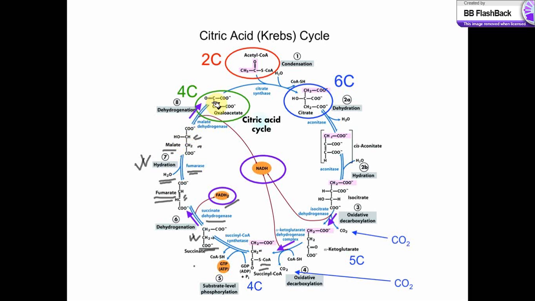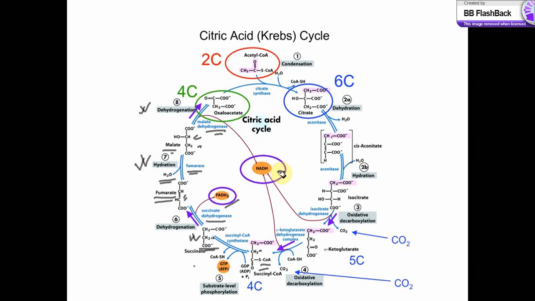Now the next step is a dehydrogenation step. Dehydrogenation means one hydrogen will be taken out from the substrate and will produce NADH plus H plus, or FADH2. Here in this case, this enzyme, malate dehydrogenase, has got NAD plus as a cofactor.